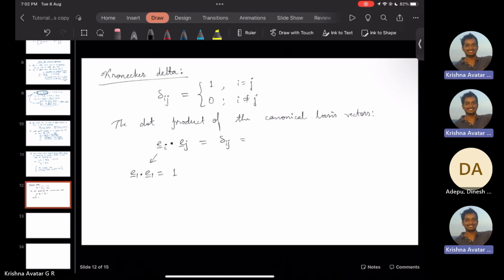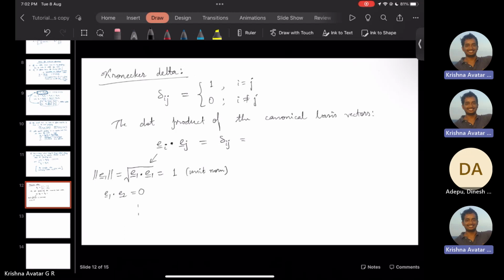And the way we define our norm is the root over e1 dot e1, which gives us 1. And this is what we mean by unit norm. The second property that it has is e1 dot e2 is equal to 0.